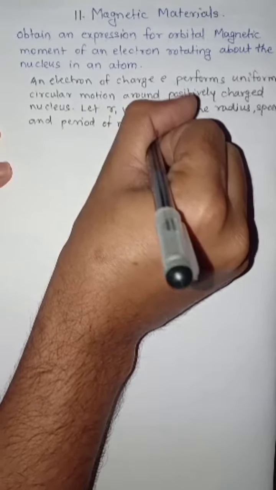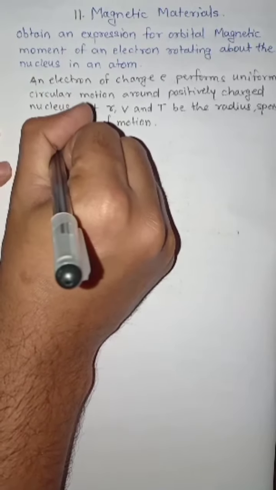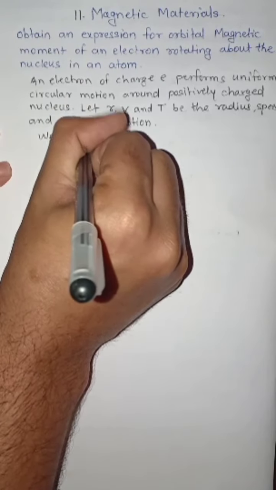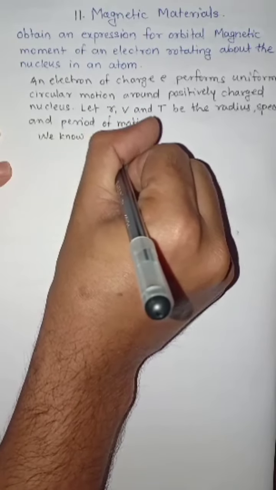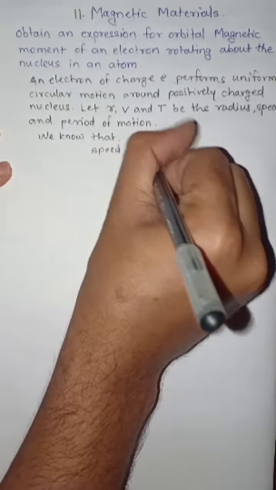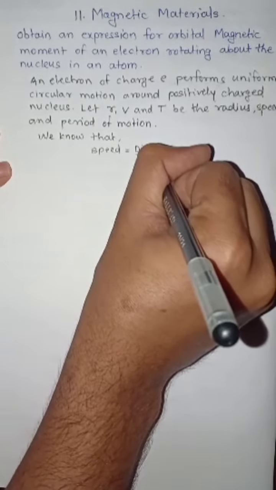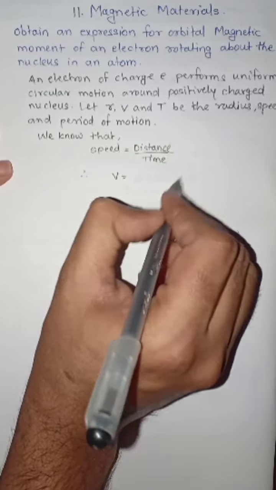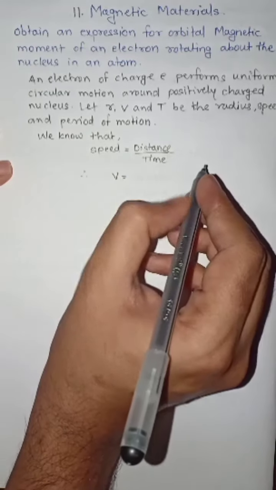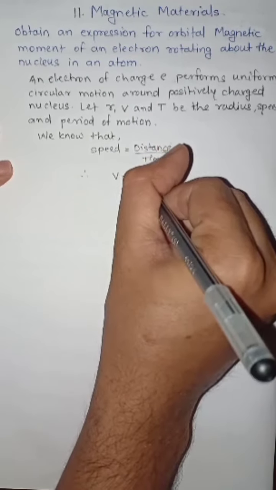So we already know that speed is equal to distance upon time. In this case speed is v, and distance is the circumference of the circular orbit, which is 2 pi r.